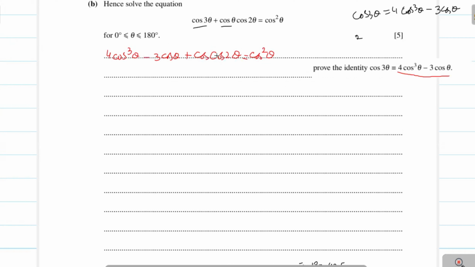Now we simplify more this cos 2θ. You know the formula for cos 2θ is 2cos²θ minus 1. Therefore, we can write 4cos³θ as it is, minus 3cos θ plus cos θ, then we write cos 2θ in the form of 2cos²θ minus 1, that's equal to cos²θ.